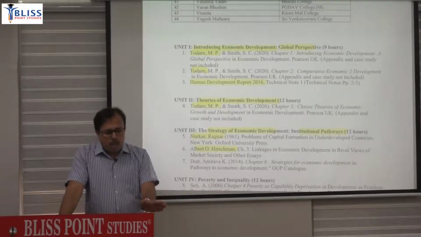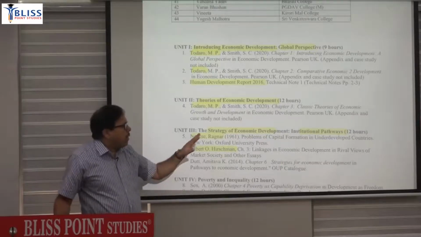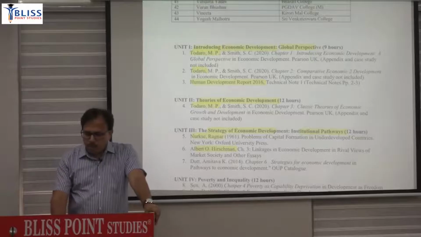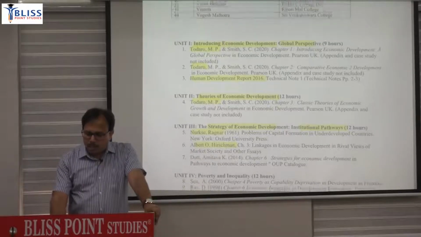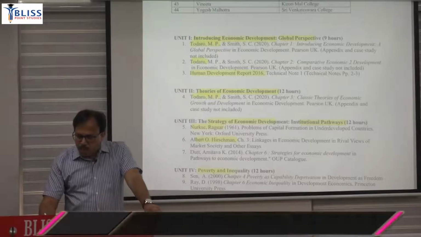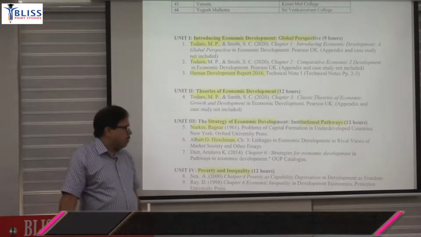So the unbalanced growth strategy is more practical. We have to compare between these two, balanced and unbalanced, and the other aspects of economic development. And the fourth and last unit you can see here is poverty and inequality.